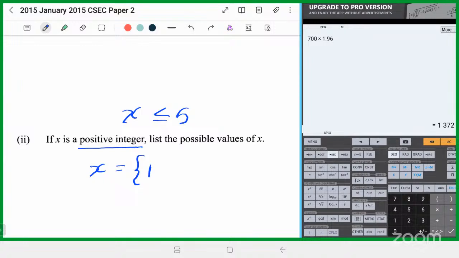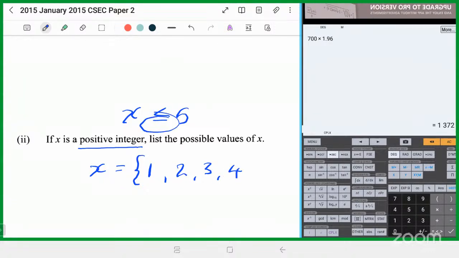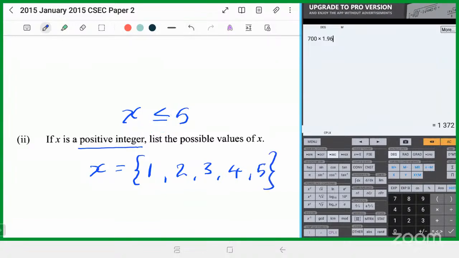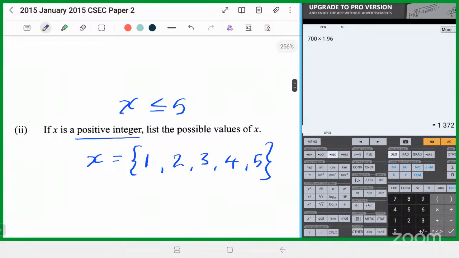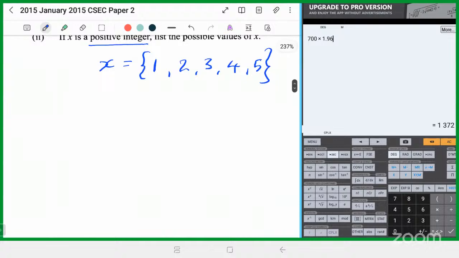So it starts at 1, then 2, then 3, then 4. And because of the equal sign in this inequality, we have to include the 5. So the list of values is 1, 2, 3, 4, and 5. Positive numbers are greater than 0, so I'm not including 0, and integers are whole numbers. Basically, that is it. Very good.